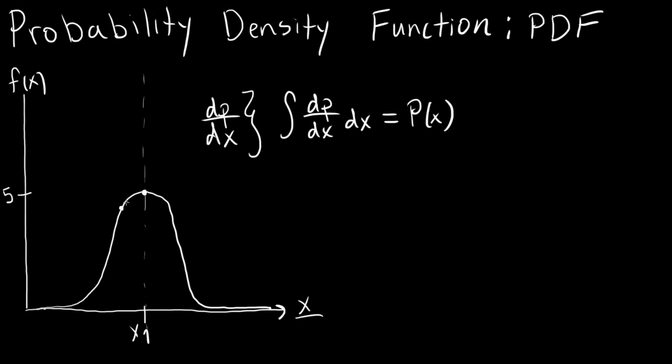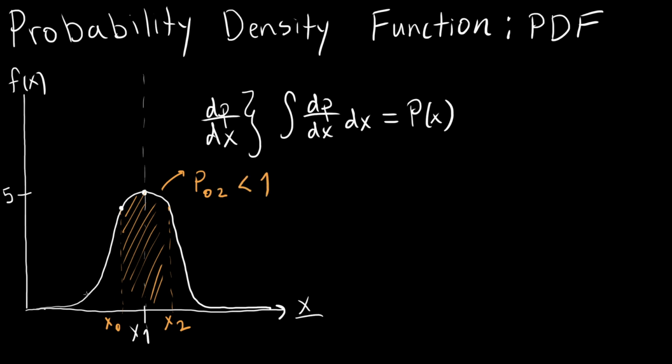For example, if we integrate from this point, let's say this is x naught, up to this point, x2, this portion will be a probability, let's say P of x naught to x2. And we know that this probability has to be less than 1, because if we integrate the entire function from negative infinity to infinity, we know that this must equal 1.